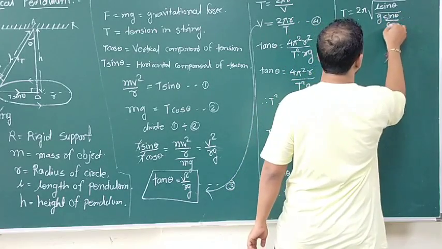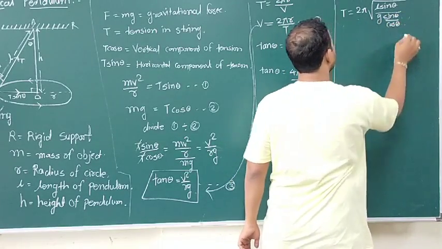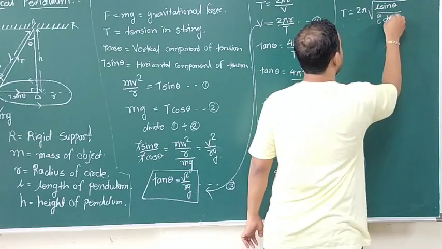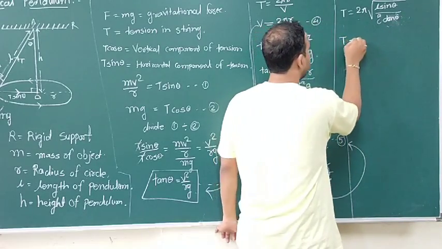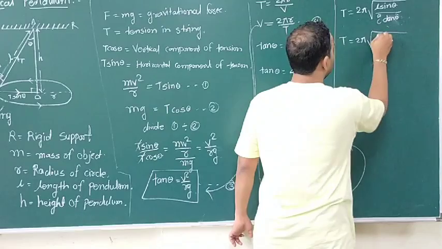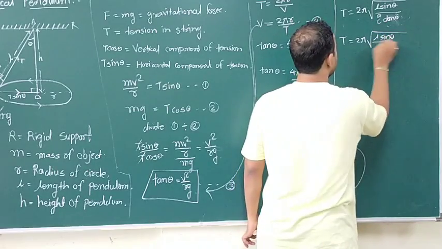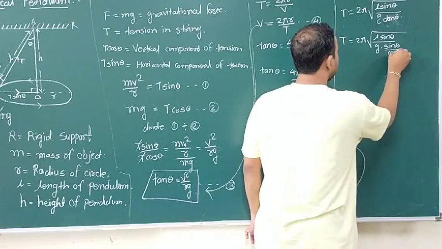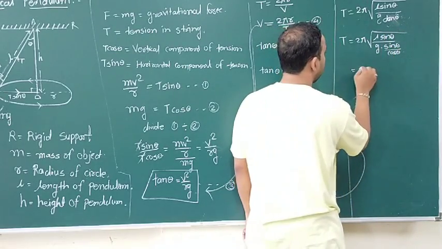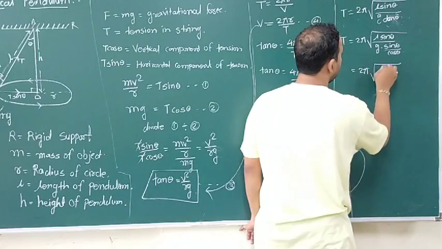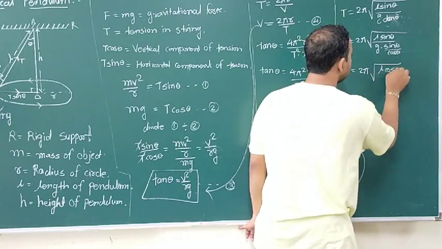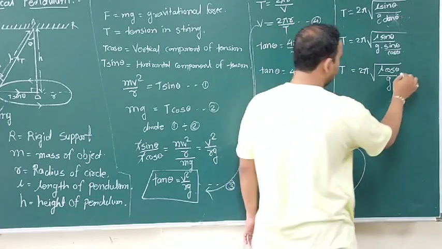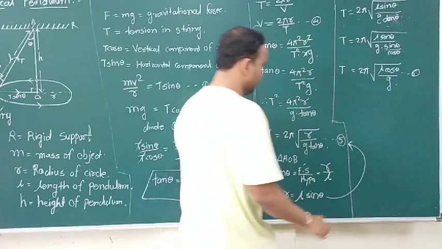So we get L sin theta upon g into sin theta upon cos theta. So we get T is equal to 2 pi into under root L cos theta upon g. Calling this equation number 6.